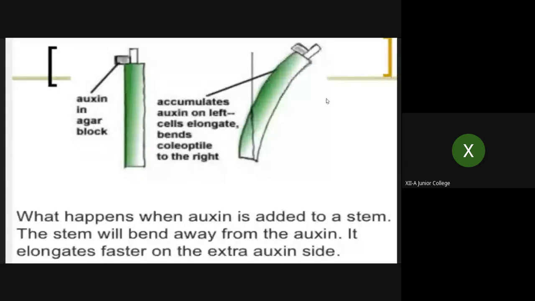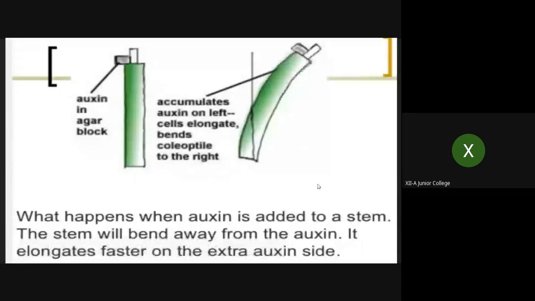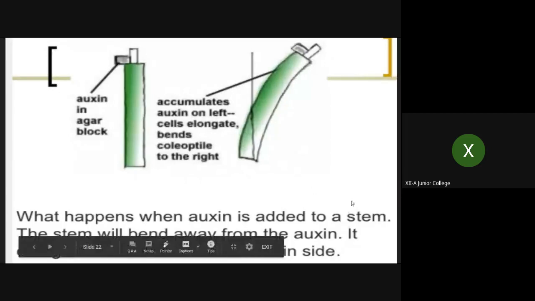The agar block is kept on the left side and the bending is observed on the right side. The stem will bend away from the auxin, and it elongates faster on the extra auxin side. So this was the observation by Went, and he named this substance auxin.